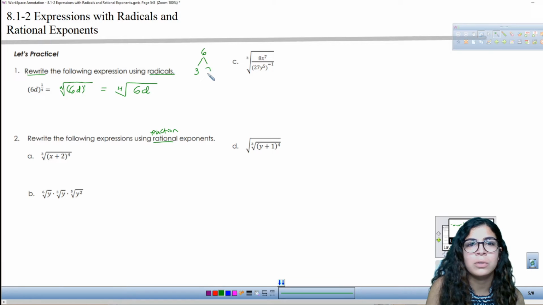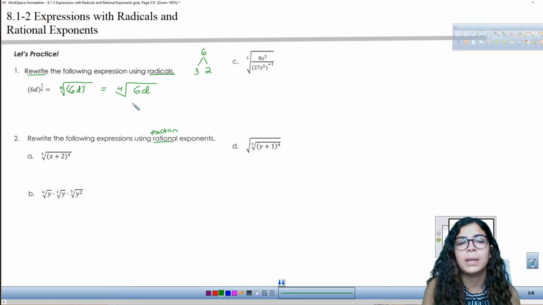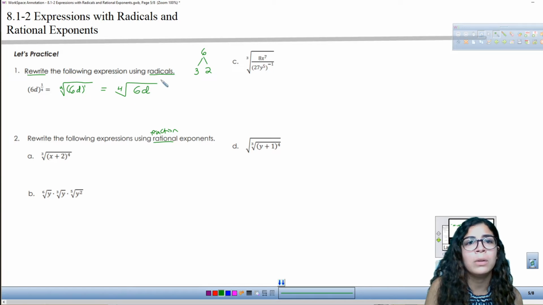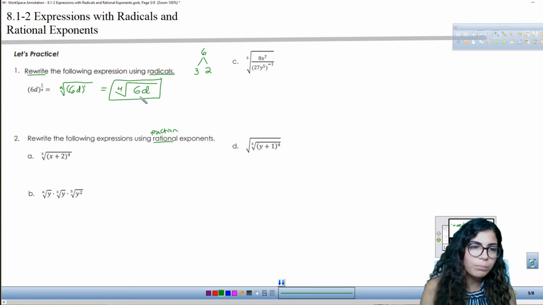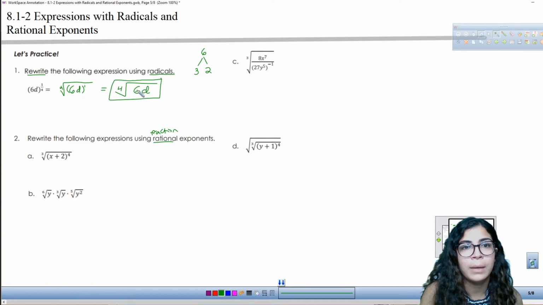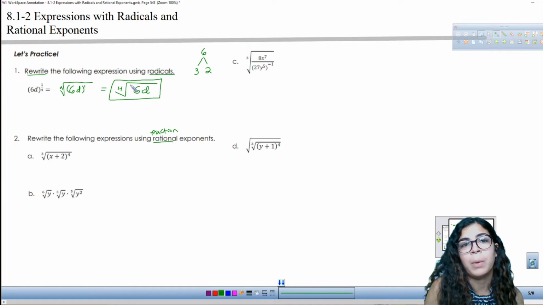But 6 is just 3 times 2, so there aren't any fourth-power factors that could come out of that radical, so you'd leave it just like that, and that is your answer. Notice again that both 6 and d were in parentheses and had that power, so that's why both of them are under the radical.